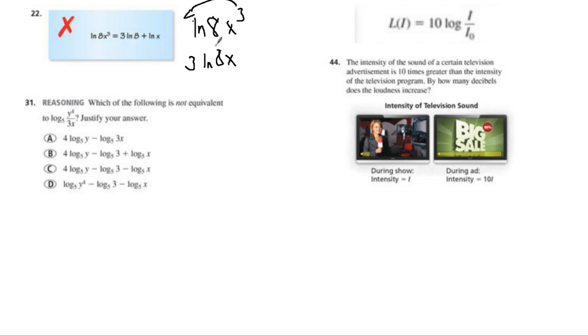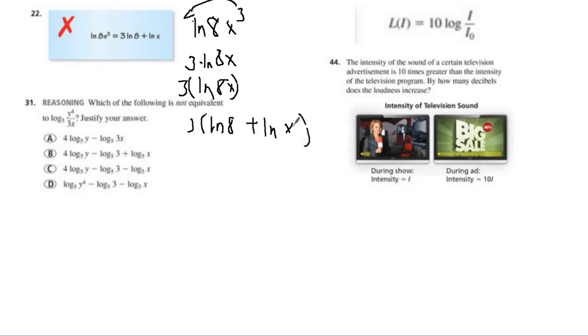But why is this wrong? It's because it's 3 times ln of 8x. In the parentheses, you'll have to do this, 3 ln of 8 plus ln of x.